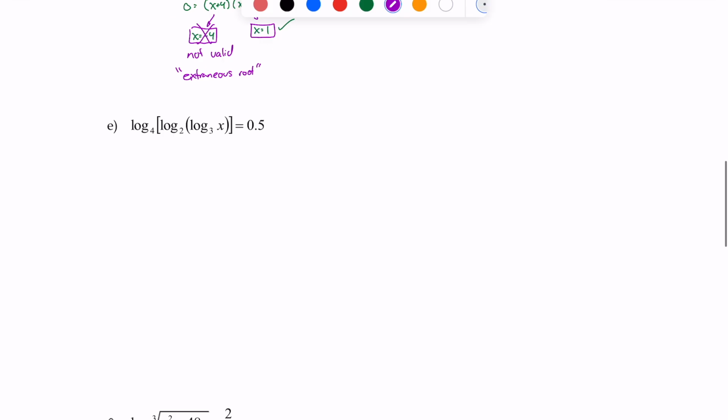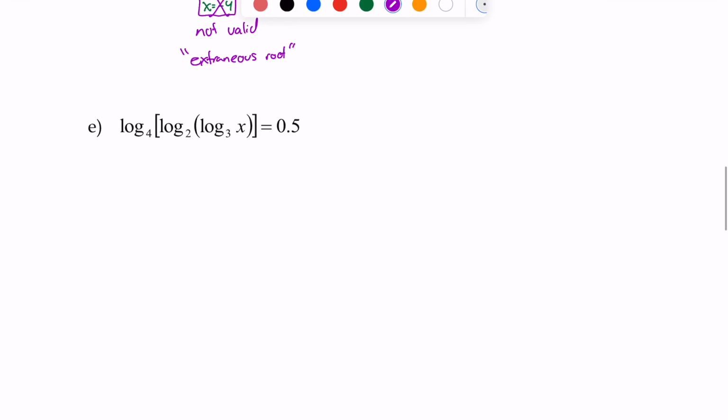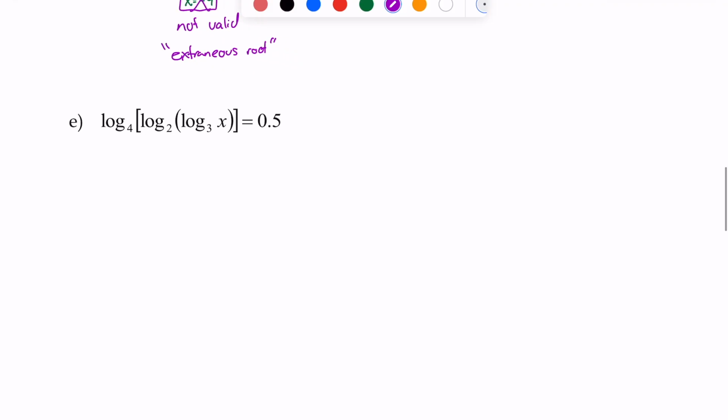Okay, E. We got 2 more to go. Log 4 of log 2 of log 3x equaling negative 0.5. So we need to know what is our restriction on this x right here. But if we think about what's going to happen algebraically, you're going to work BEDMAS. So you'd have to go in the inside bracket.